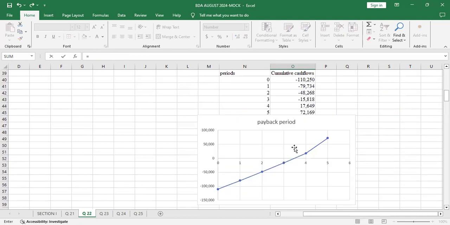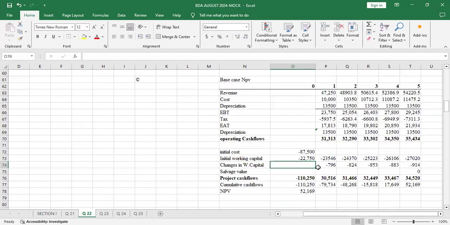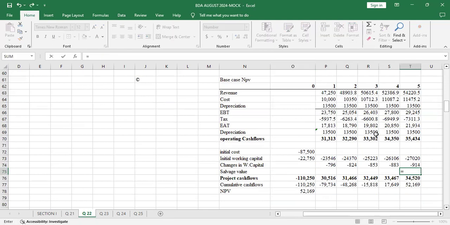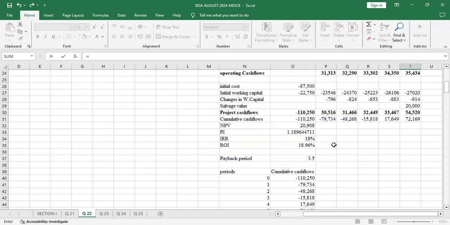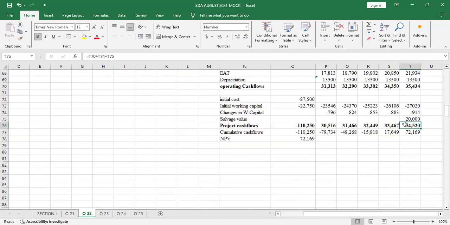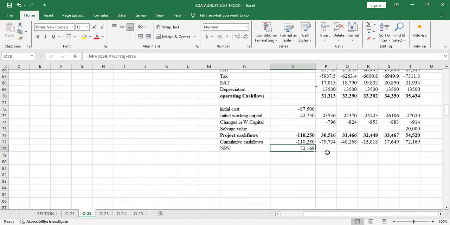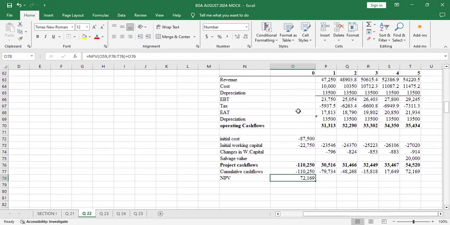We just want this information to be available down here, so we are copying everything, even the changes in working capital. The salvage value, we'll also copy it. It was 20. So NPV must be this, 20,908.